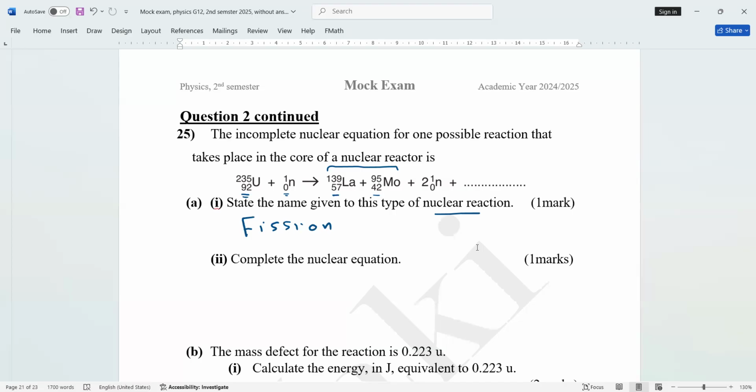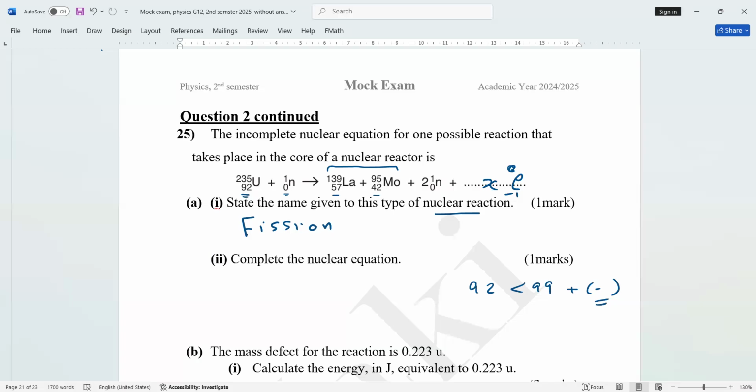The right side is 57 plus 42 equals 99. So the left-hand side, 92, is less than 99. Then we add a negative to this. But we don't know how many beta particles. Then we say, let this beta particle number be denoted by X. Now we need to calculate X.